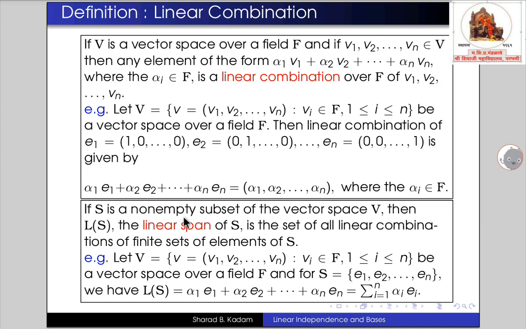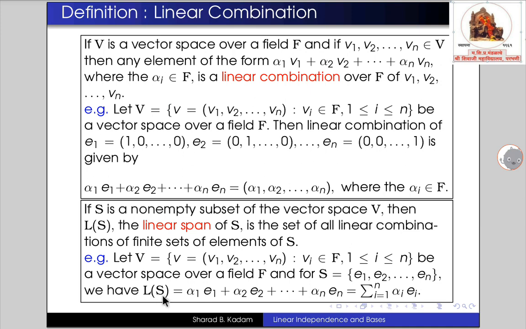If S is a non-empty subset of the vector space V, then the linear span of S, which is denoted by the notation L of S, is the set of all linear combinations of finite sets of elements of S. For example, we consider the same set, which forms a vector space over the field F, and we consider a set S whose elements are E1, E2, ..., En.